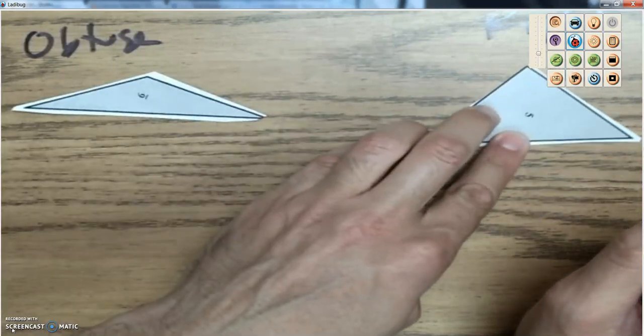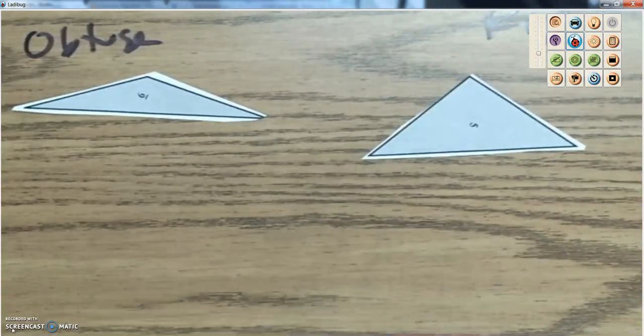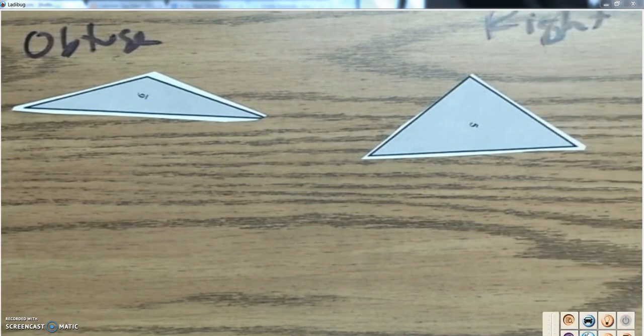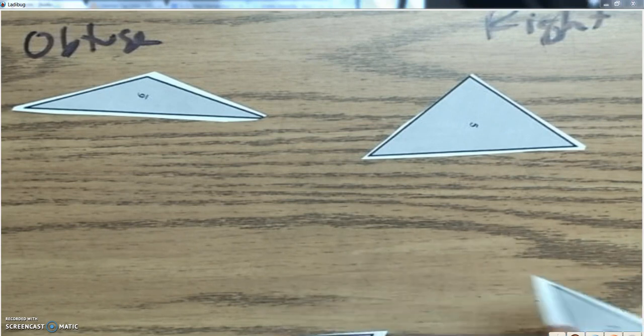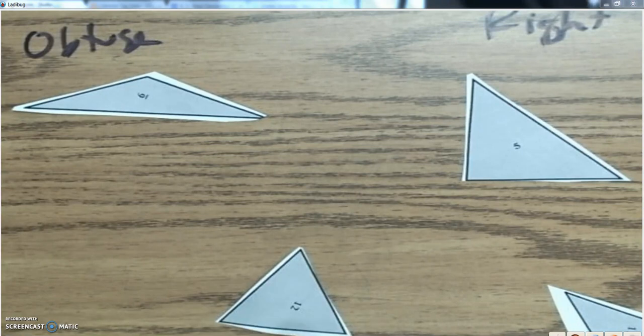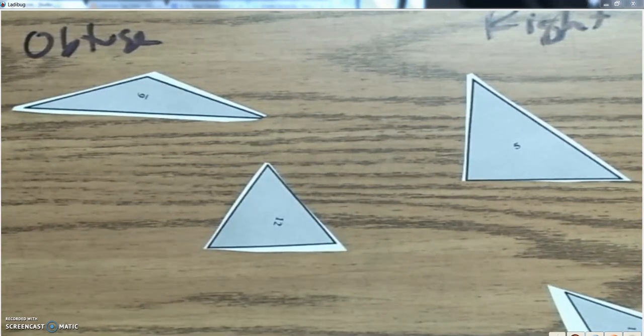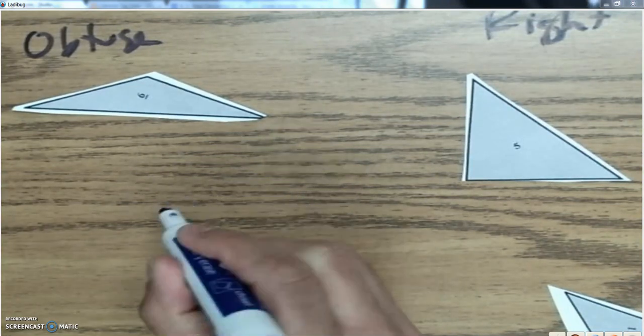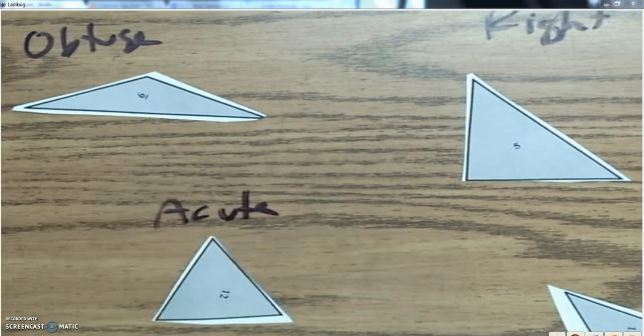Don't be tricked. Sometimes the right angle is not at the bottom. It could be at the top, still counts as a right triangle. And then there are triangles like this one, where all three angles are acute. That's an acute triangle. Okay?